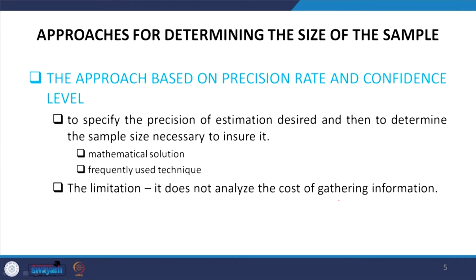Okay. So, some mathematical solution is needed to justify the sample size correctly, and also some standard techniques are required, like, as I told you, the convenience sampling method, purposive sampling method, snowball sampling method, non-probabilistic methods, where we know certain frequently used techniques.